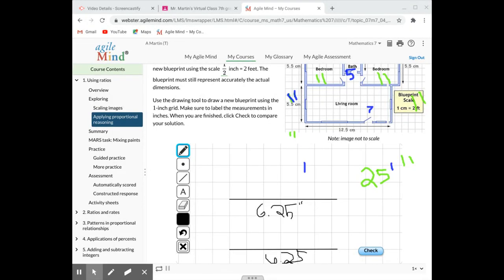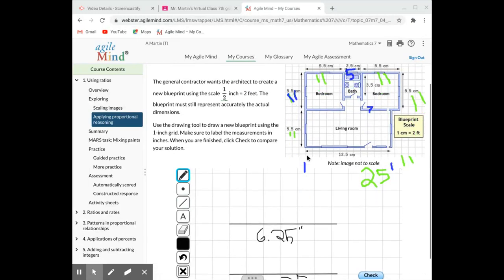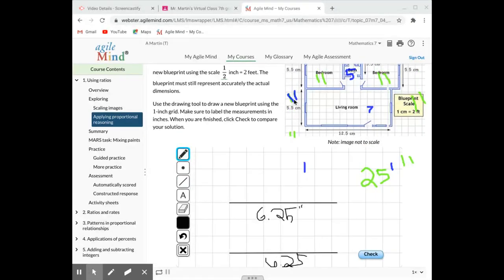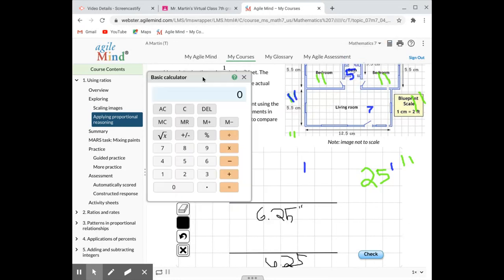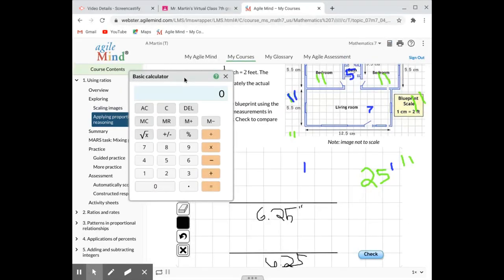Here we go. So looking at this, what did you come up with for the measurement that we should have for 11? What would we do to figure that out? So looking back at what we were told earlier by Levi, he said you could take 12.5 and divide it by 2.